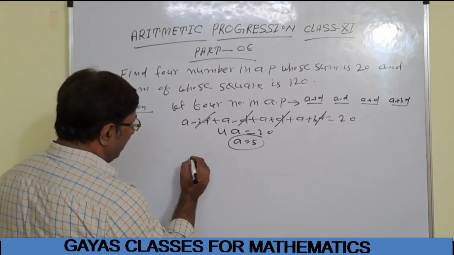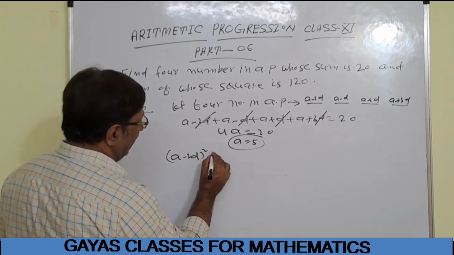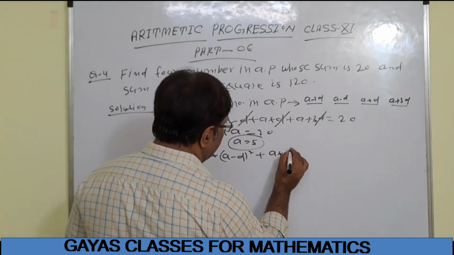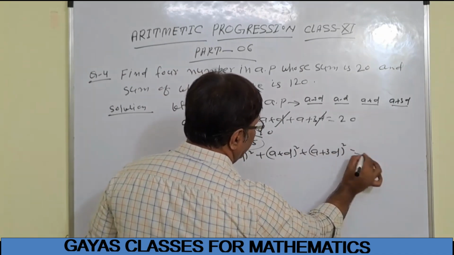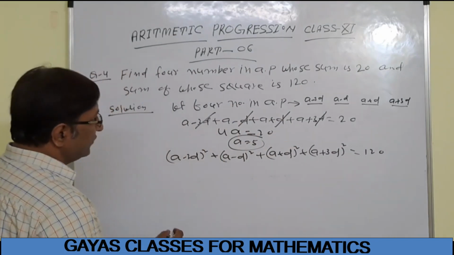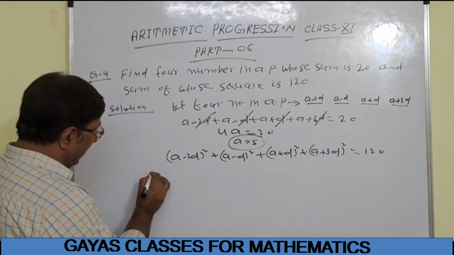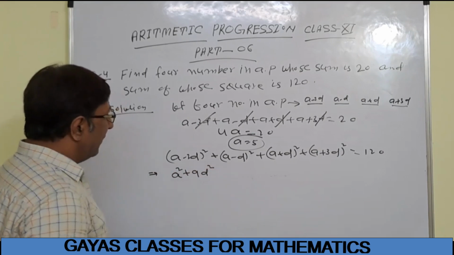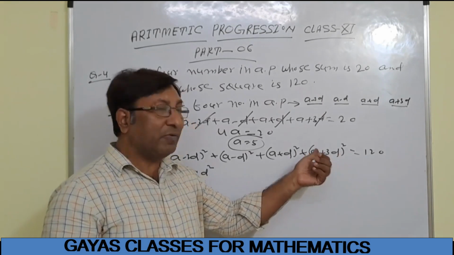Now next, the sum of squares is 120. That is A minus 3D whole square plus A minus D whole square plus A plus D whole square plus A plus 3D whole square, and this is given as 120. Expanding, we get A square plus 9D square minus 6AD, and here also the same plus 6AD, so this will cancel out.